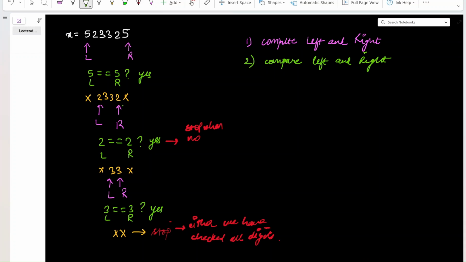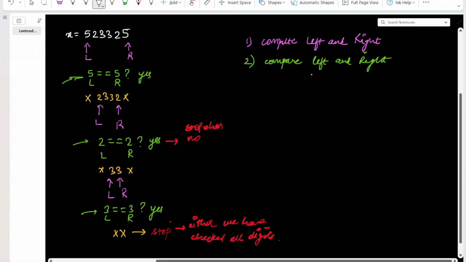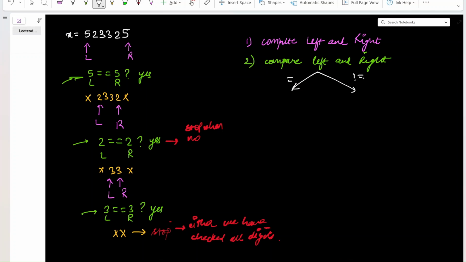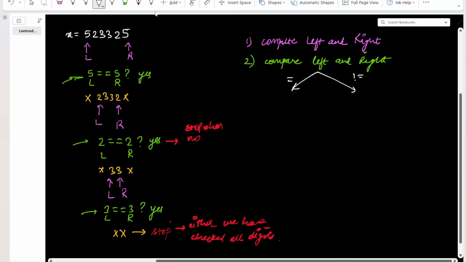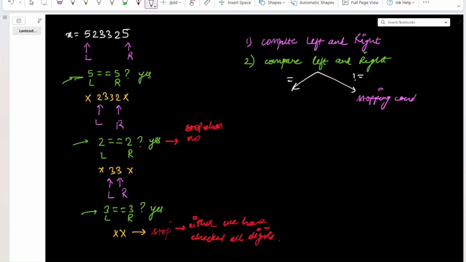That's what we are doing over these steps. Now we have to check if they are equal or if they are not equal. If they are not equal, then we know we have reached the stopping condition. The number is not a palindrome.